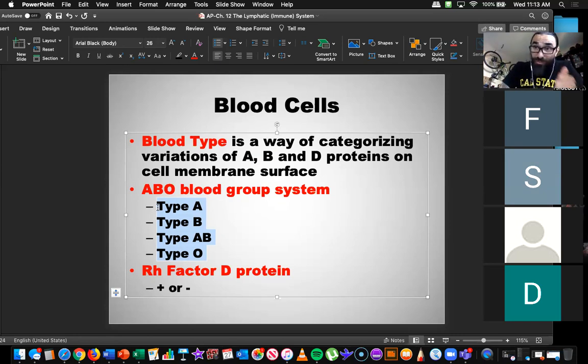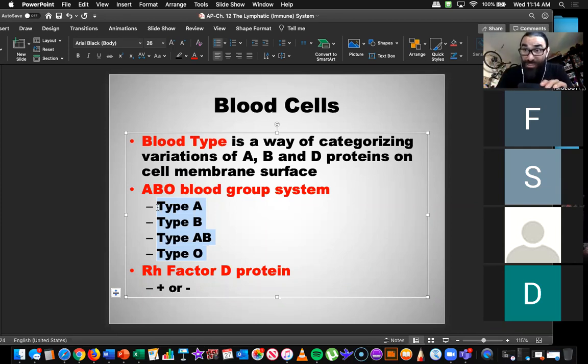On the surface of every single one of your red blood cells, every single one, you inherit genetically from your parents a surface protein. And a surface protein, I'm going to use my phone as an analogy. A surface protein is essentially what it sounds like. It's a little marker or indicator on the top of that cell. It lets other cells like it know, hey, I'm like you.